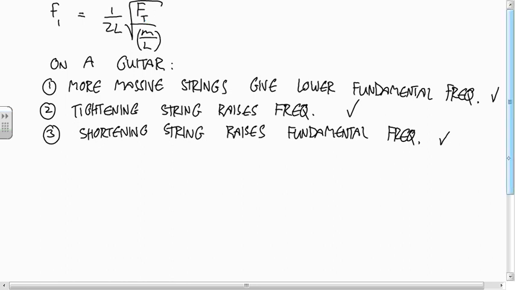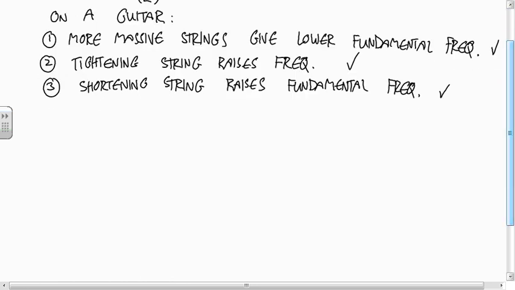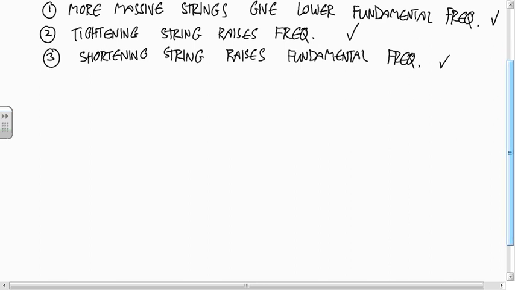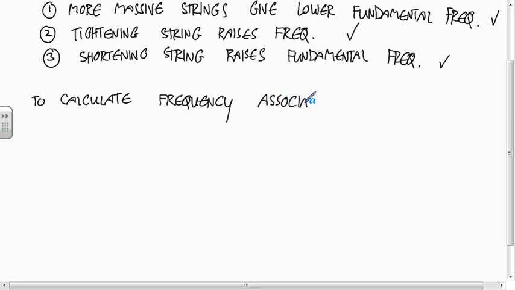Okay, so here's the kind of question to calculate the frequency associated with each n value.